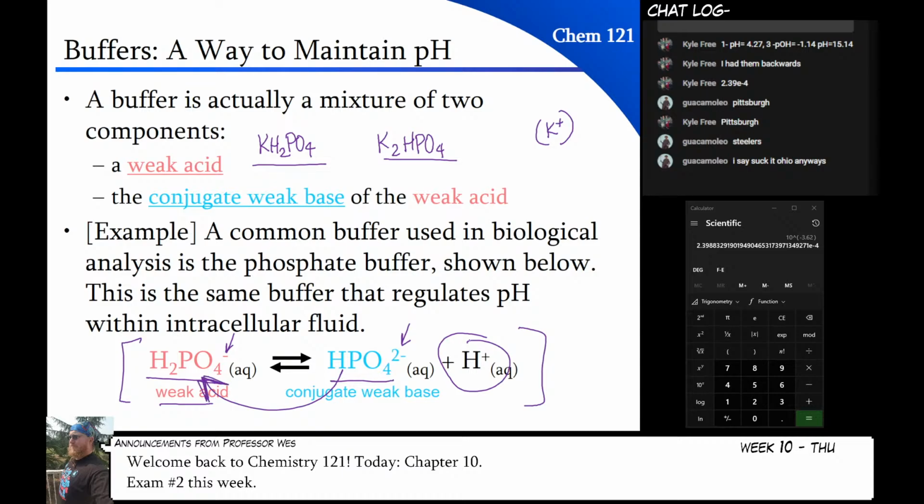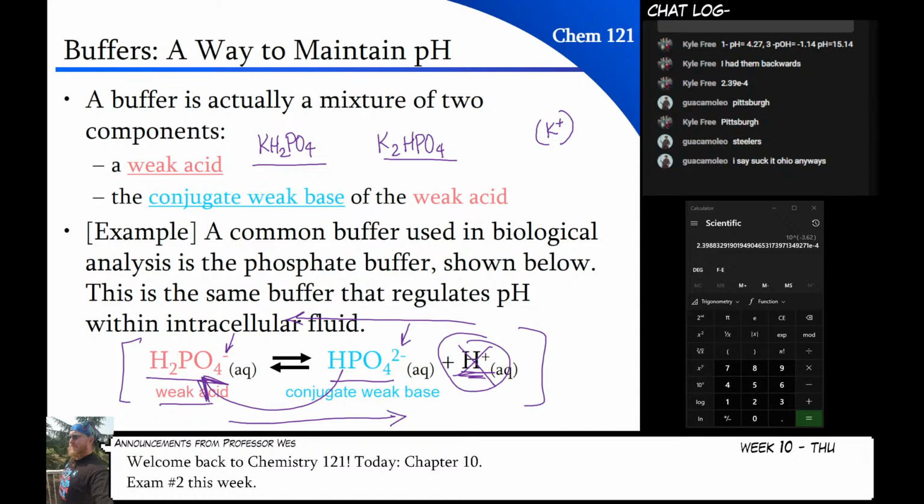So if I were to add H+ to my reaction, then according to Le Chatelier's principle, I would drive the reaction in this direction, right? We covered Le Chatelier at the end of Chapter 9 in one of the extra lectures that I had to link. So if you haven't watched those extra lectures, make sure you go back and do that. If I add a base, that'd be like removing this, and then the reaction would be driven in this direction.